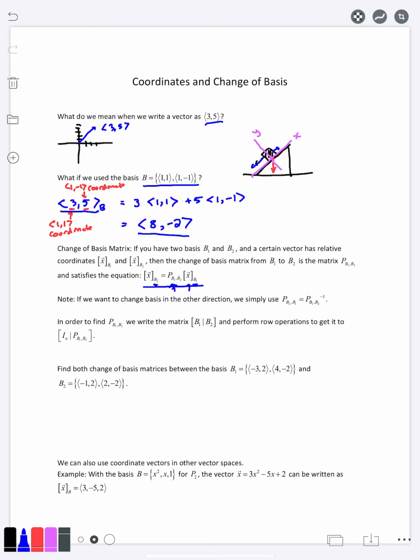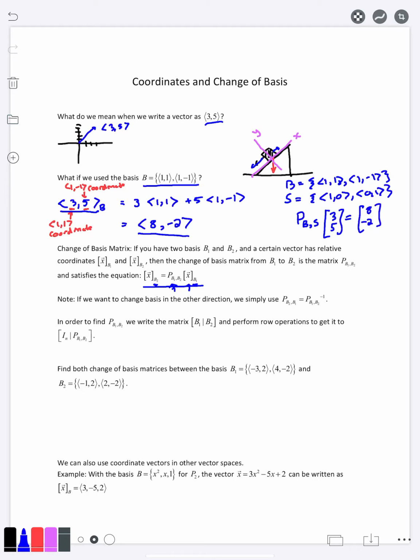So for example here, I had B is (1, 1), (1, -1), and I need to give a name to my standard basis, so I'll call it S here, (1, 0), (0, 1). Then if I found a matrix that went from the basis B to the basis S, and I multiplied it by (3, 5), the answer I'm going to get is (8, -2).